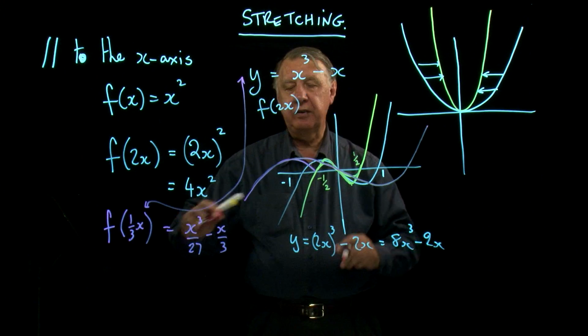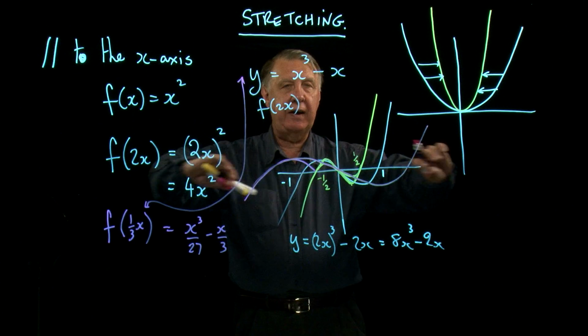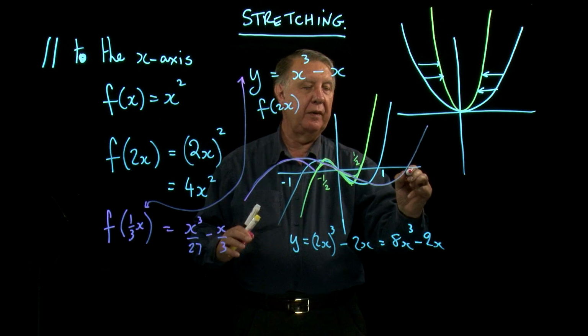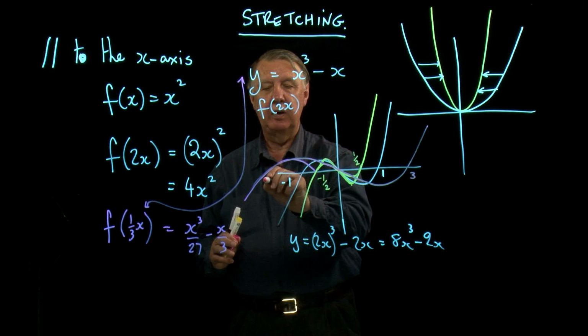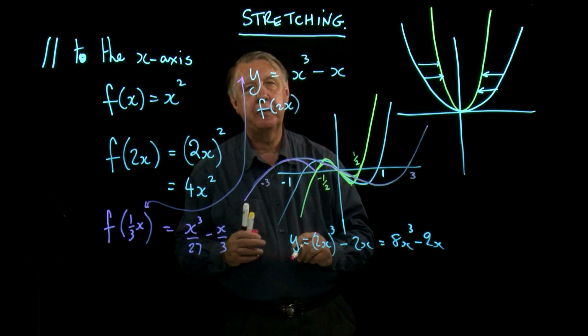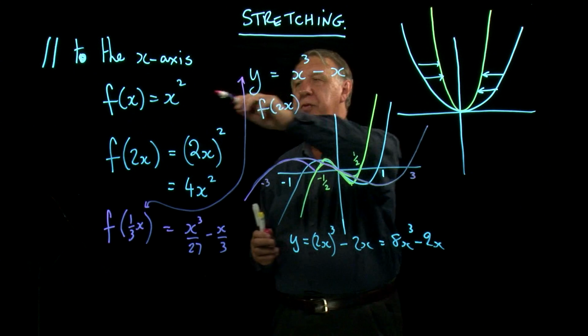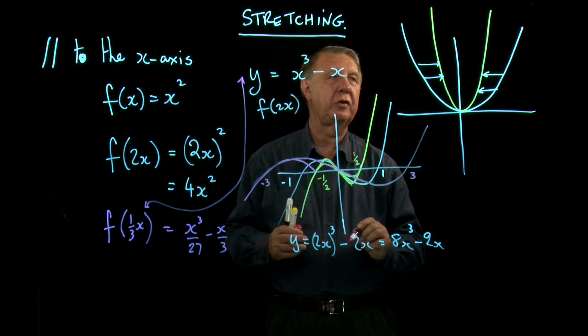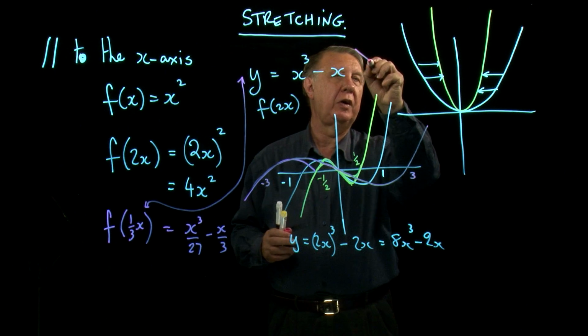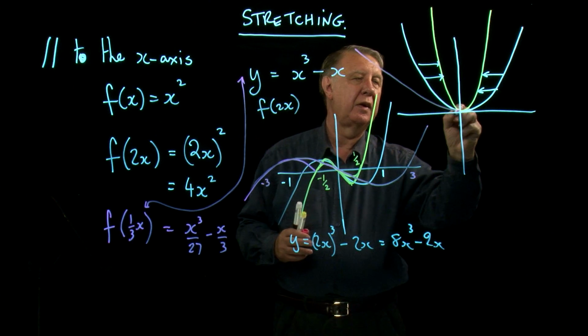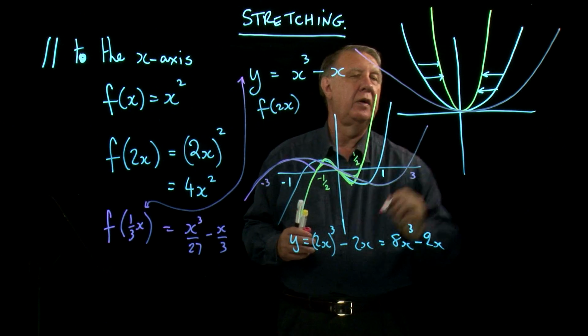So 1/3 x, it's stretched it out. And that's 3, and that's minus 3. If you do it with our old friend x squared and do function 1/3 x, you find that it does that.